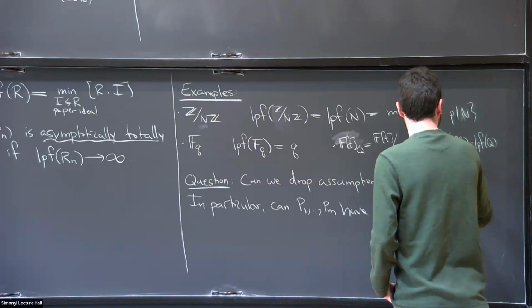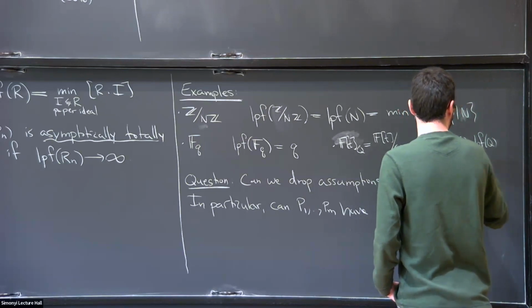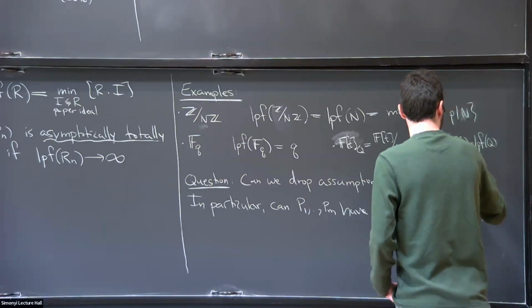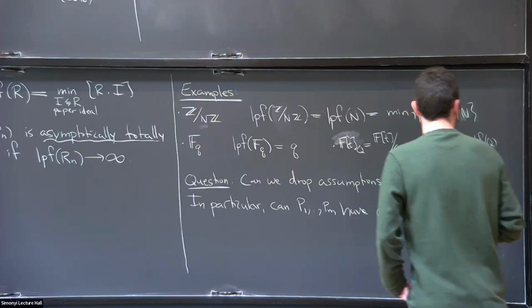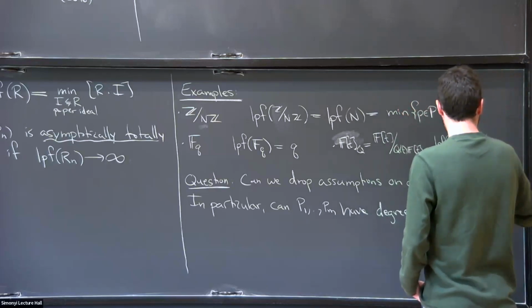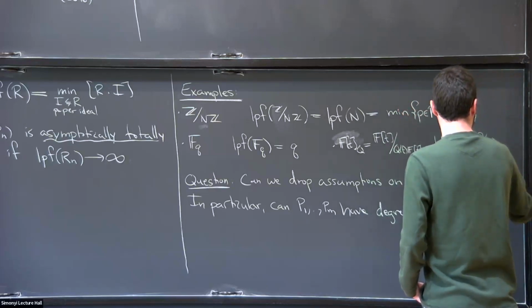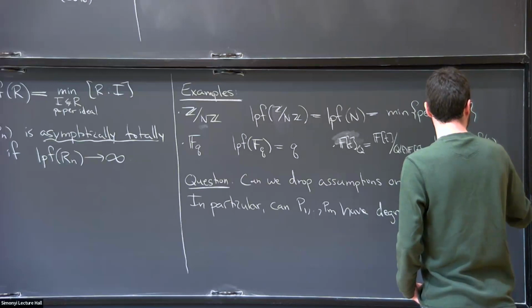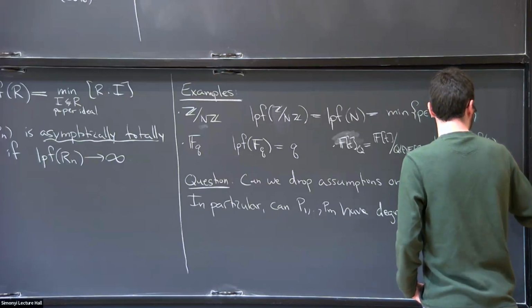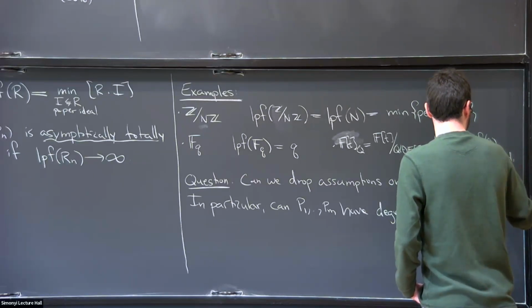So this is going to be the minimum of q to the d, where r divides q, r is irreducible, and r has degree d.